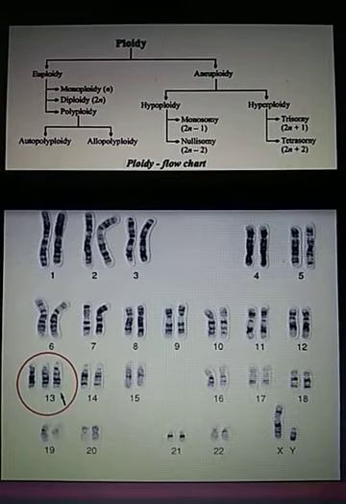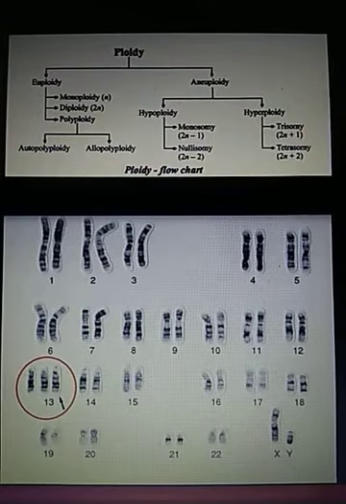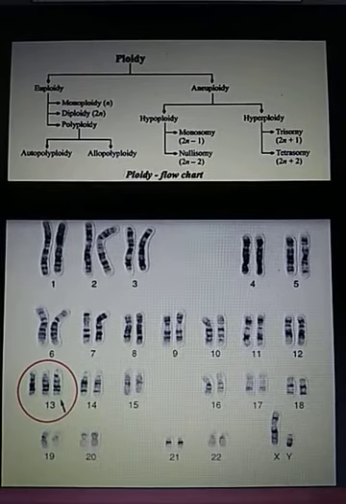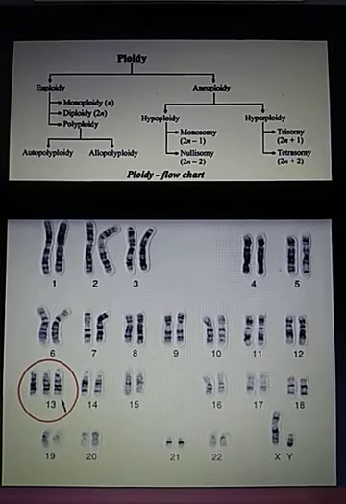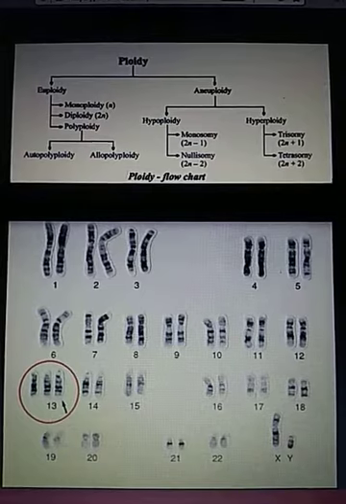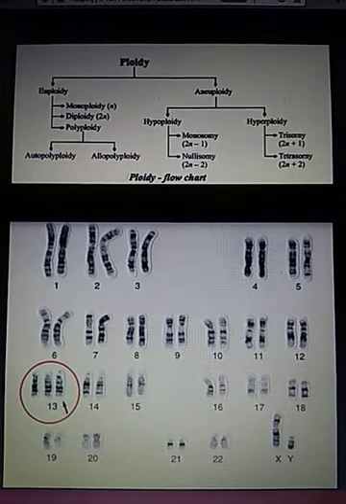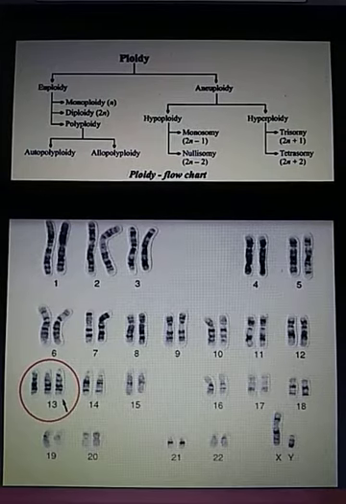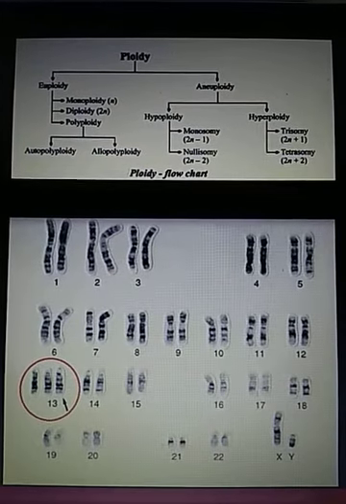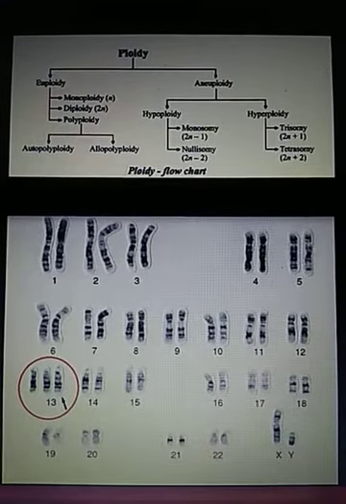Heteroploidy, on the other hand, means a set of chromosomes having a different chromosome number than the normal set. Having an abnormal chromosome number that deviates from the normal diploid number of a given species is called heteroploidy.